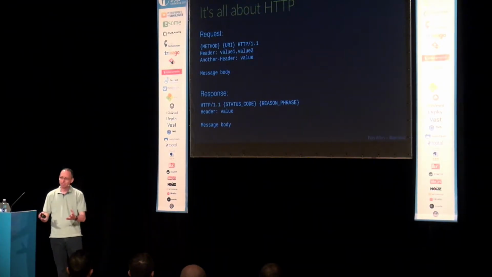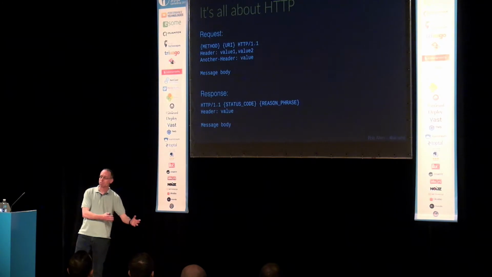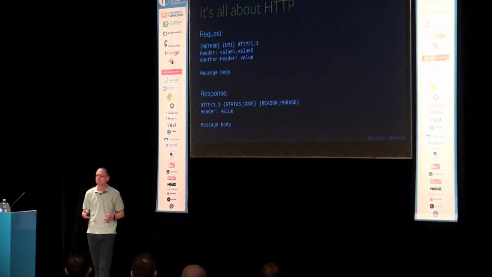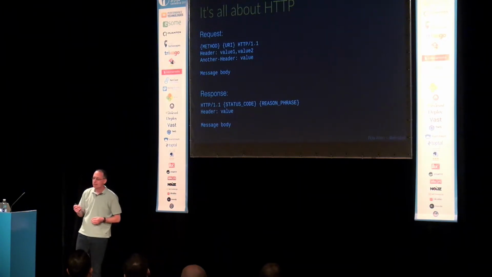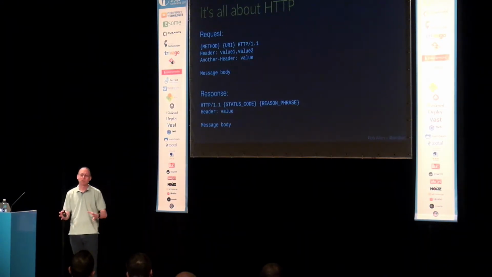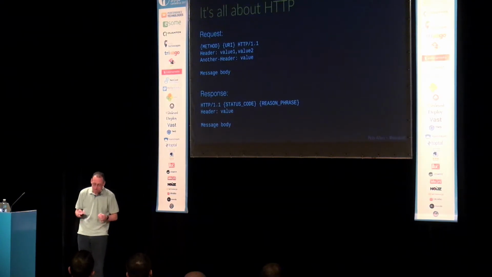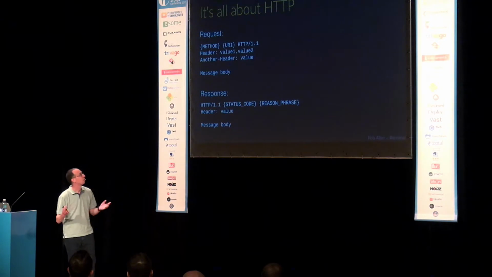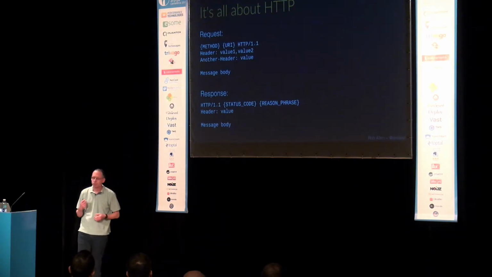Quickly, we have a request and we have a response. You send a request to the server, and the server sends a response back to you. It's plain text at the PHP level. If you use HTTP/2, it's not quite so plain text under the covers, but from our point of view, it is plain text, which makes it really, really easy to reason about. Request at the top there. The first line is called the request line.